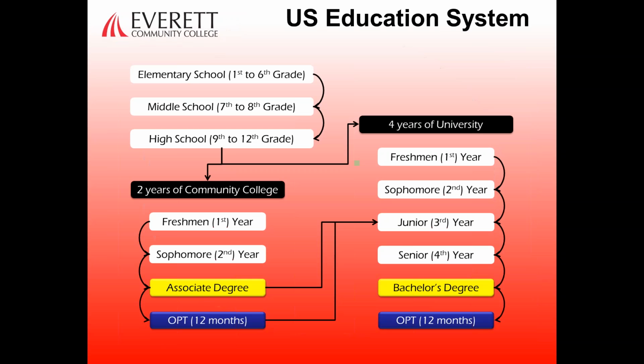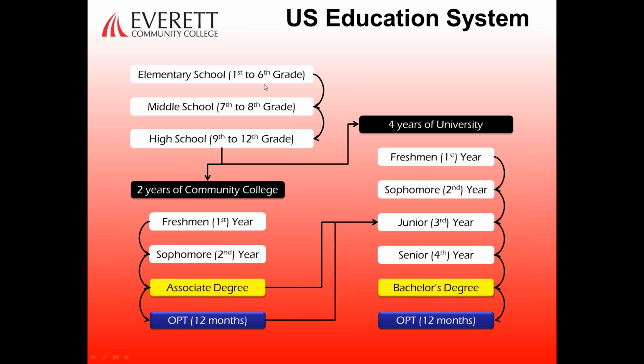So quickly before we continue, I realized that community colleges are a newer concept in India, and I would like to go over what our education system looks like. When we are 7 years old to about 12 years old, we go to elementary school.